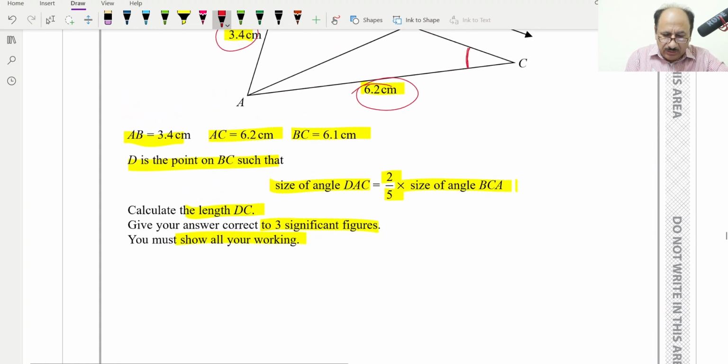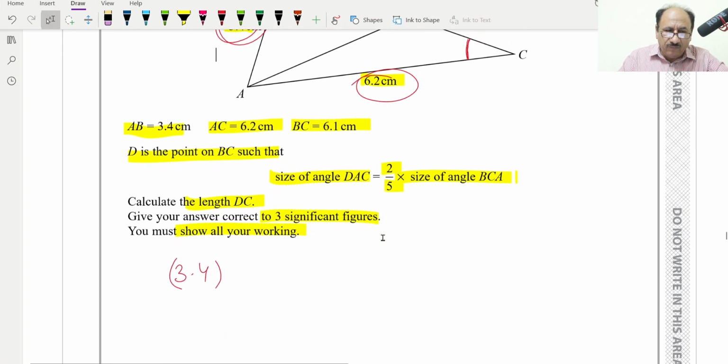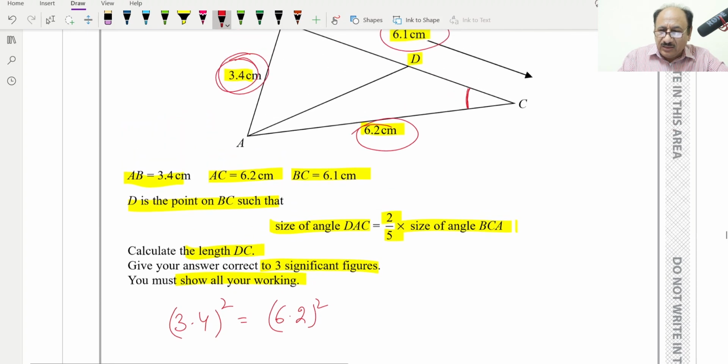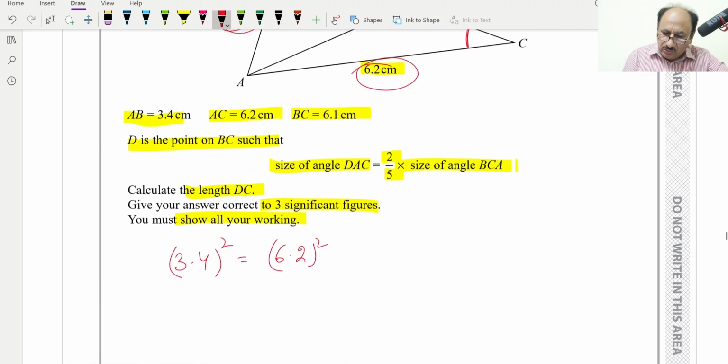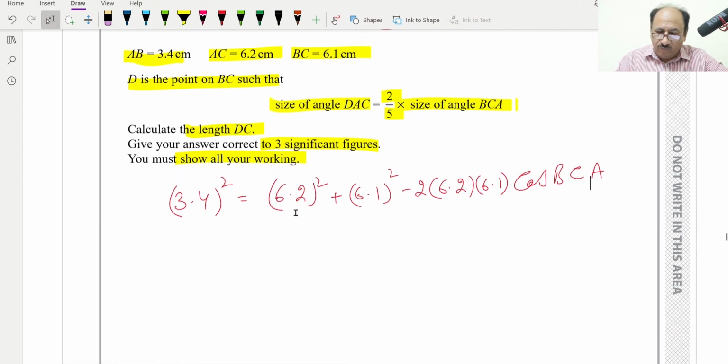Our equation will be: 3.4 squared, the opposite side squared, is equal to 6.2 squared plus 6.1 squared minus 2 into 6.2 into 6.1 into cos of BCA, the angle we are supposed to find.